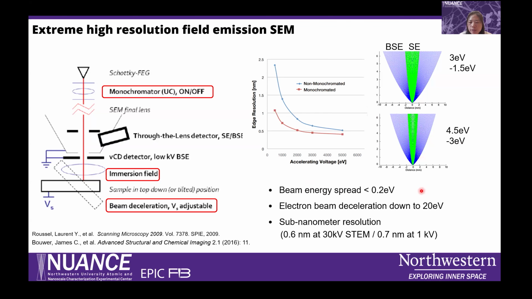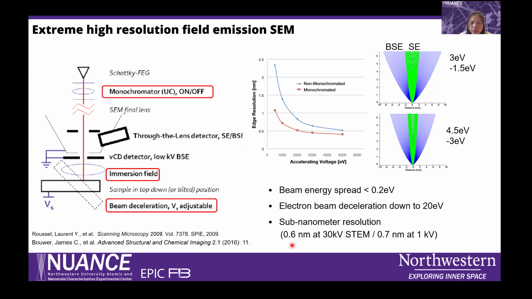The electron beam deceleration can go down to 20 eV for the current Helios 5 UC.